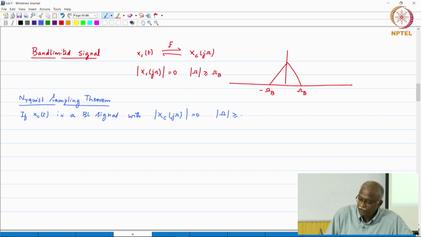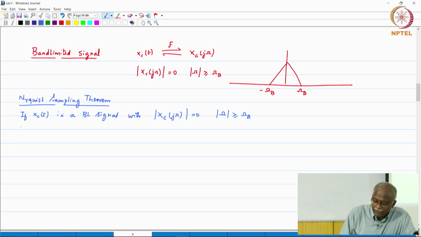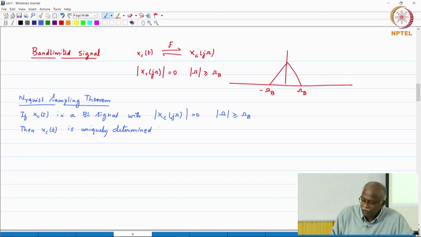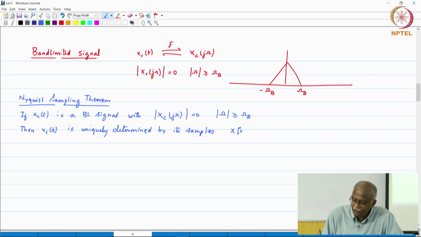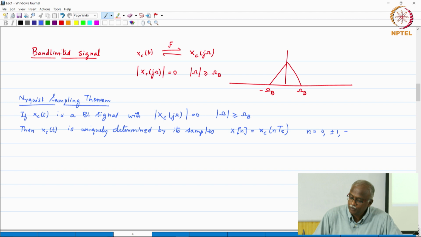omega greater than or equal to omega b, then xc of t can be uniquely reconstructed. Xc of t is uniquely determined from its samples, as we have seen in the earlier figure, where x of n is samples of the continuous time signal sampled at Ts, n equal to 0, plus minus 1, plus minus 2.